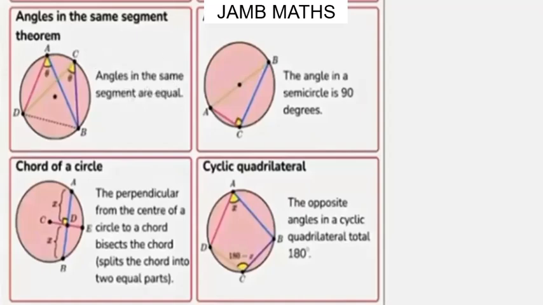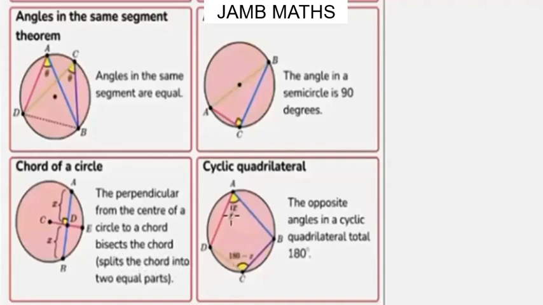The fourth one says the angle in a semicircle is 90 degrees. The fifth one says chord of a circle: the perpendicular from the center of a circle to a chord bisects the chord, which basically means that it splits the chord into two equal parts.